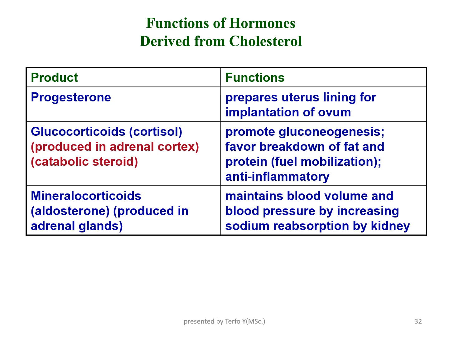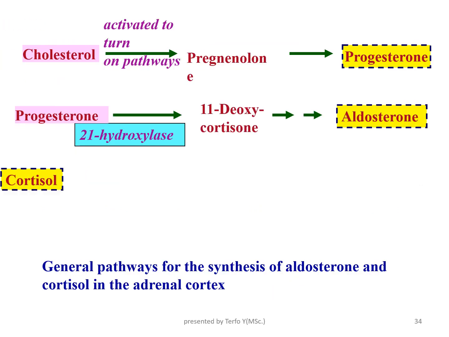You know the concept of gluconeogenesis, which means synthesizing glucose from non-glucose precursors. Mineralocorticoids are also used for maintaining blood volume and blood pressure by increasing sodium reabsorption by the kidney.